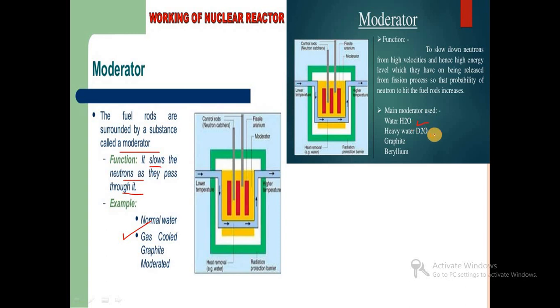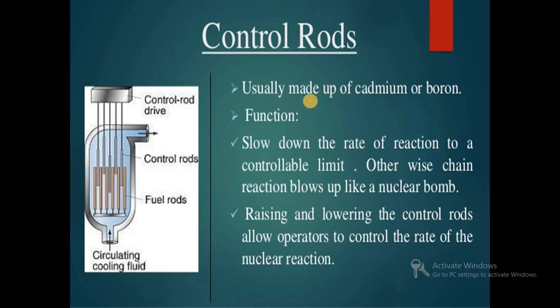These are the moderators. Then control rods, usually made up of cadmium or boron, slow down the rate of reaction to a controllable limit. Otherwise the chain reaction cannot be stopped. So control rods are used to stop the chain reaction.